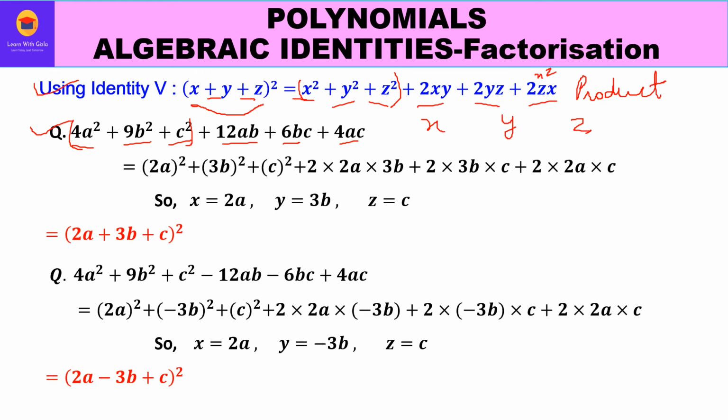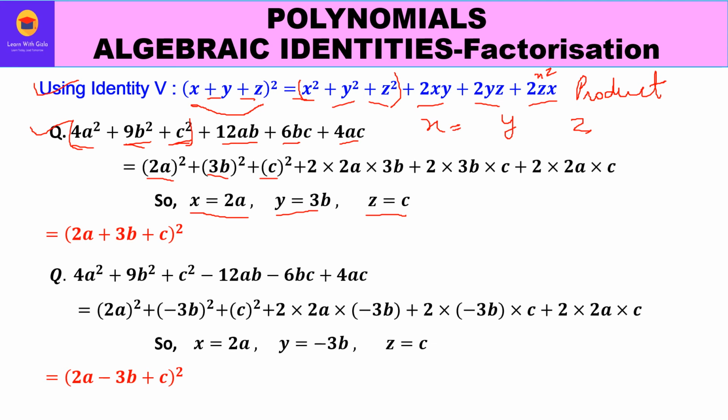Okay, and need not bother about the sign because here all are plus terms, so it's okay. So now 4a square is nothing but 2a whole square, 9b square is nothing but 3b whole square, and c square is nothing but c whole square. So all are square terms where x, you can say it is 2a, y is your 3b, and z is your c.